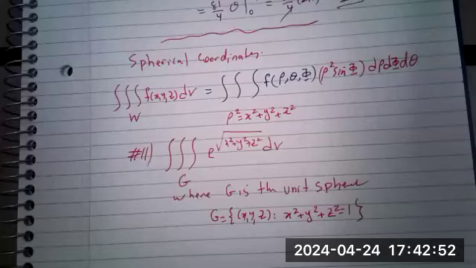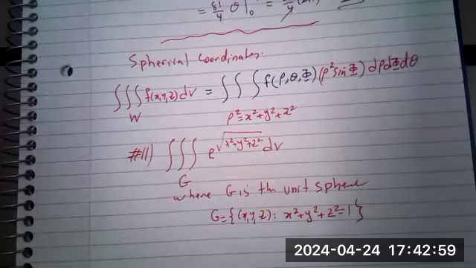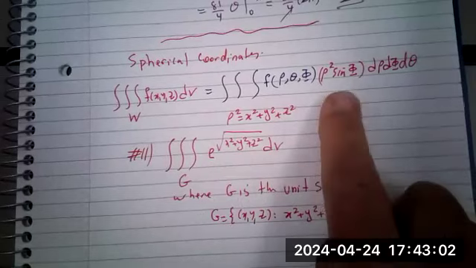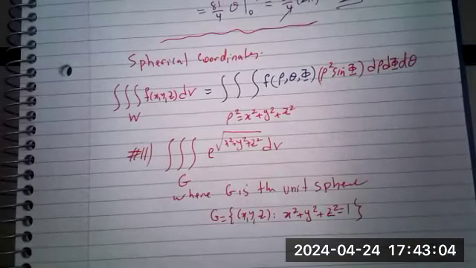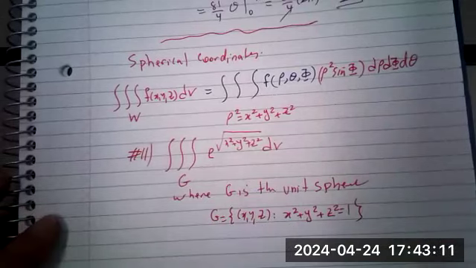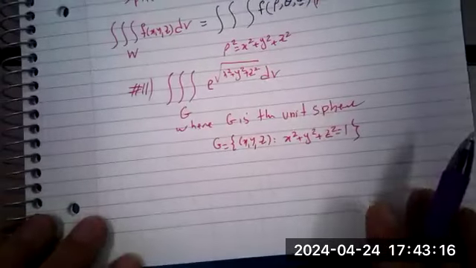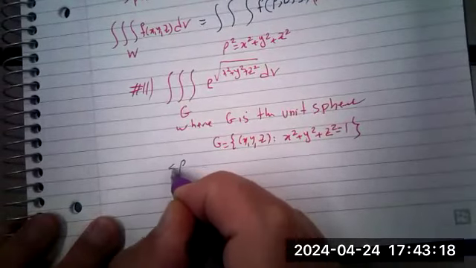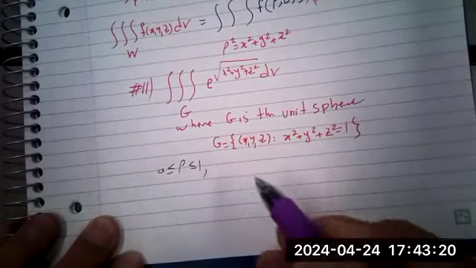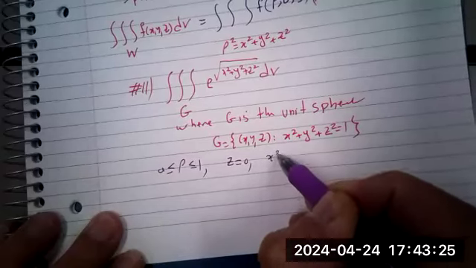Now the way we do it is this. You have to change the function. The square root of x squared plus y squared plus z squared would be rho. You have this extra term that you put in. The radius is 1, so rho is automatically between 0 and 1. If you replace z by 0, you end up with the unit circle.